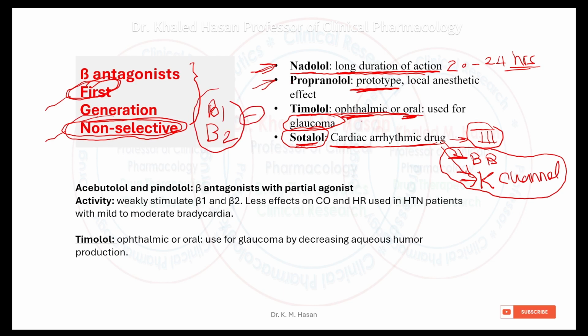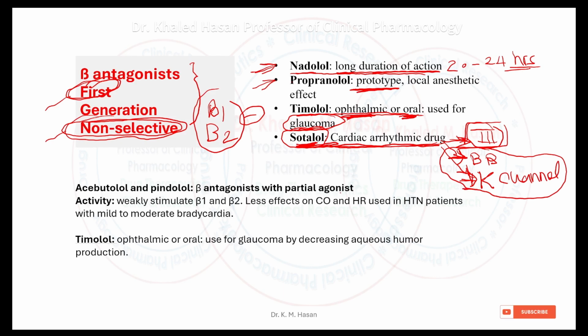Timolol is mainly available for glaucoma and is available in the market as ophthalmic eye drops, and could also be available orally. Moving to sotalol, this medication is used as a cardiac arrhythmia drug, and belongs to category 3 according to the classification of cardiac arrhythmia drugs. Sotalol blocks beta receptors and at the same time works on the potassium channel.